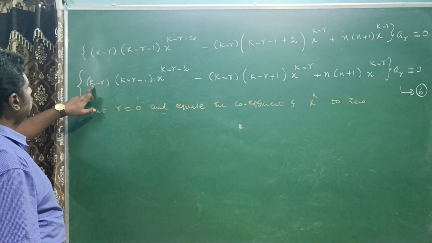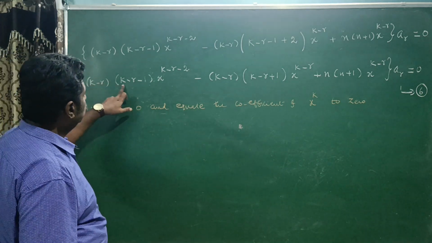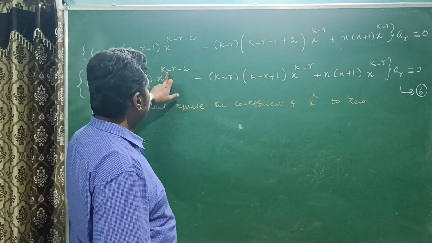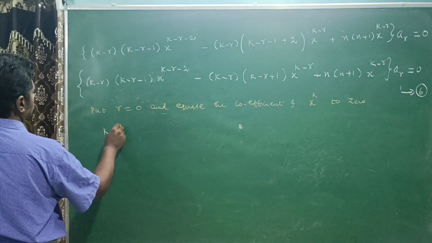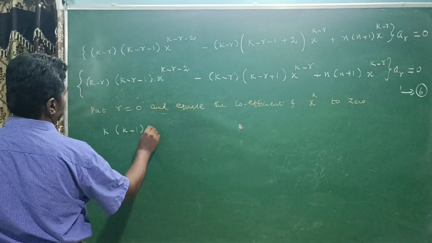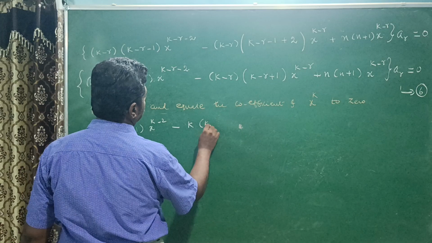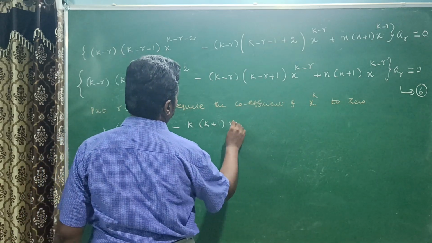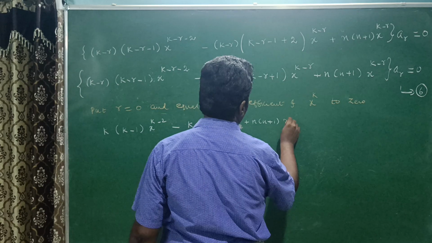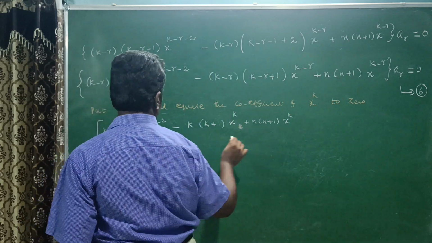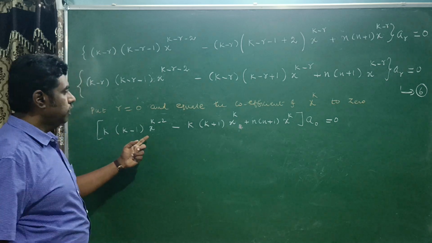If you put r equal to 0, we get k into k minus 1 x power k minus 2, minus k into k plus 1 x power k, plus n into n plus 1 x power k, entire is multiplied by a0 equal to 0. If we put r equal to 0, we can get this equation.